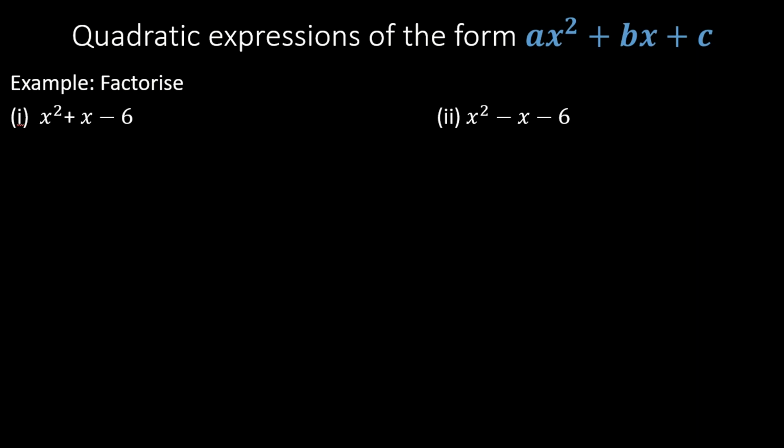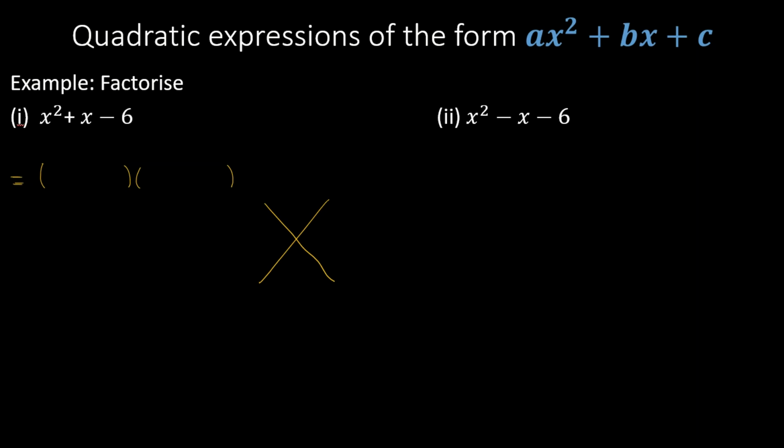So in this example, first we have, of course, to factorize x squared plus x minus 6. When you factorize a quadratic having 3 terms, you obtain 2 pairs of brackets, of course. Then what do we do? We have to draw our magic x.